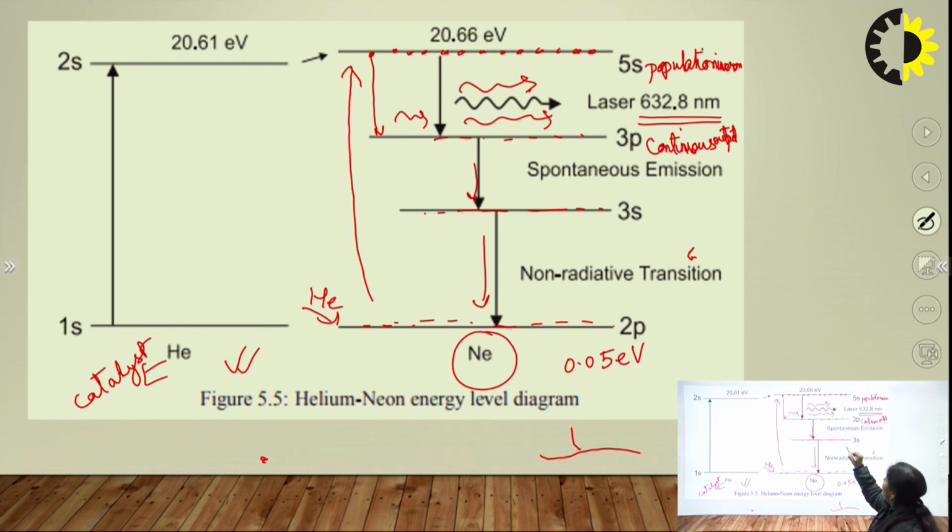So, this type of laser has 4 energy levels, because neon has 4 energy levels. Remember, helium is the catalyst. So, this is also called a 4 energy level laser. So, we can understand how the 4 energy level laser is giving us a better performance than the 3 energy level laser.